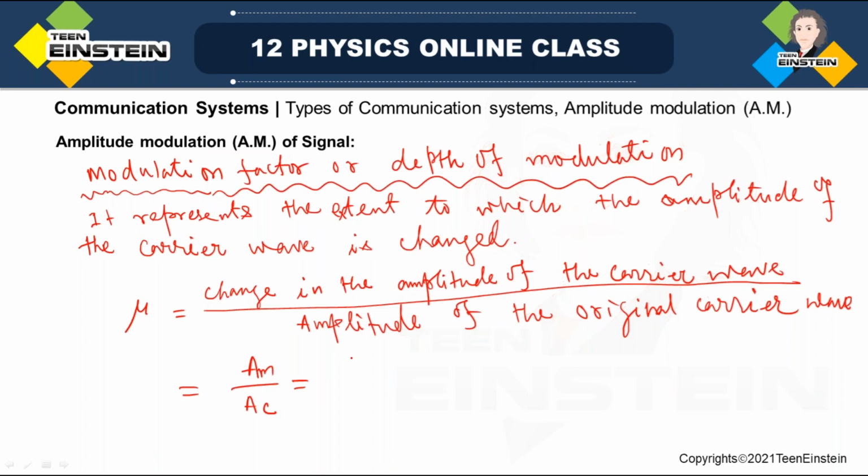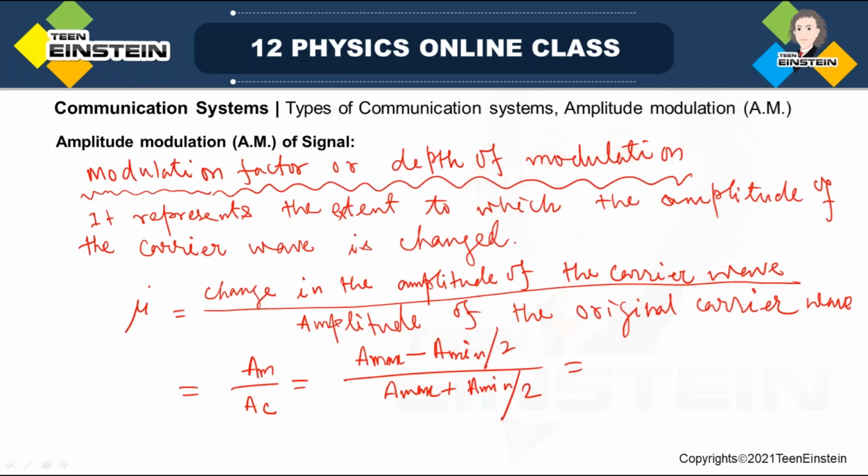Am can be written as (A max minus A min) divided by 2, and Ac can be written as (A max plus A min) whole divided by 2.